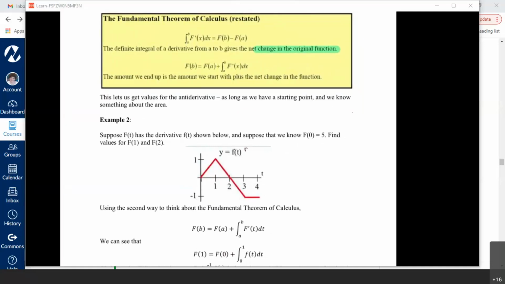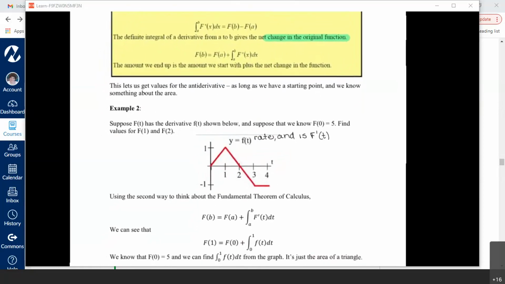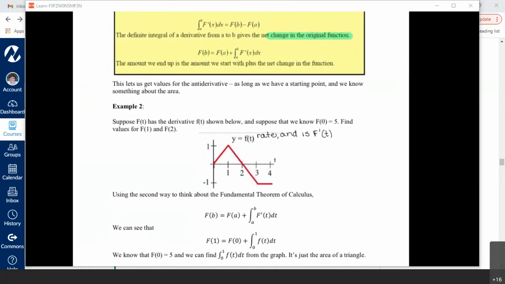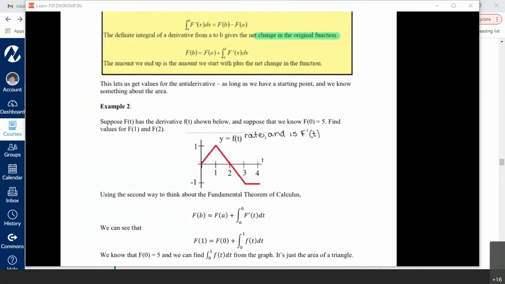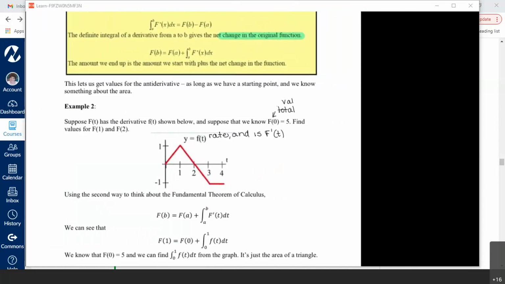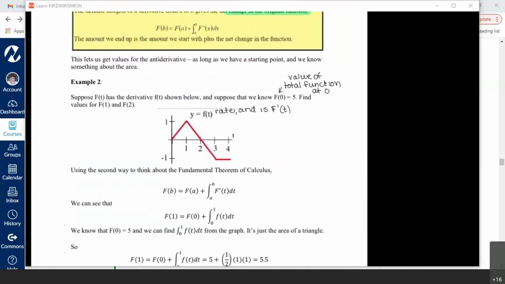So this is a rate, and is f prime of t. It's a rate. And suppose we know that f of 0 is 5. So this is the total function at 0. That's the value of the total function.